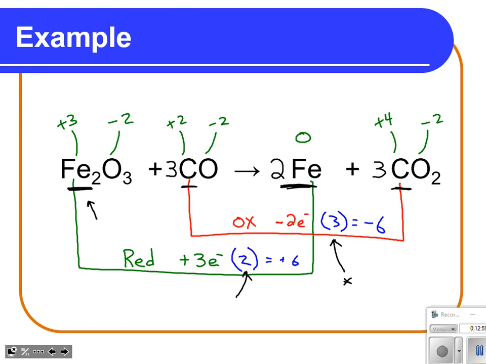Now, all I have to do is look at my oxygens. Oxygens, 3 times 2 right here is 6 oxygens over here. If I look on this side, I have right here 3 oxygens, and right here 3 oxygens, so I have 6 oxygens there. So I have now balanced this redox equation, this redox reaction.